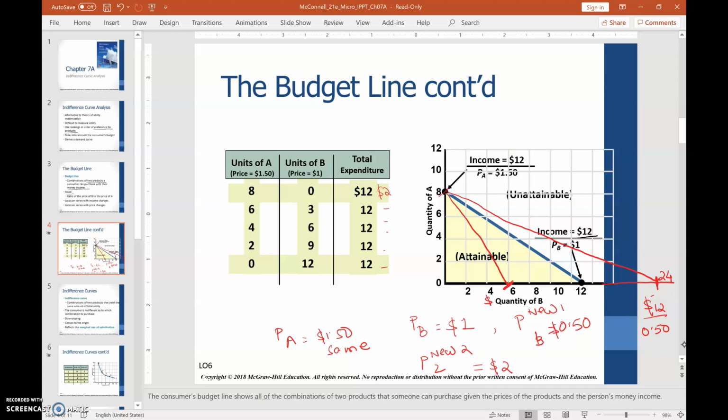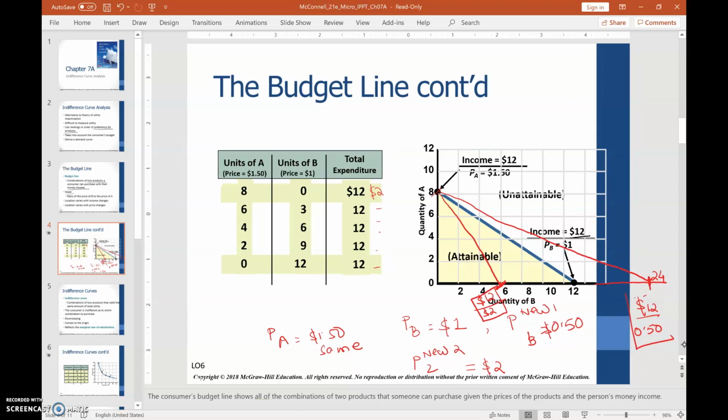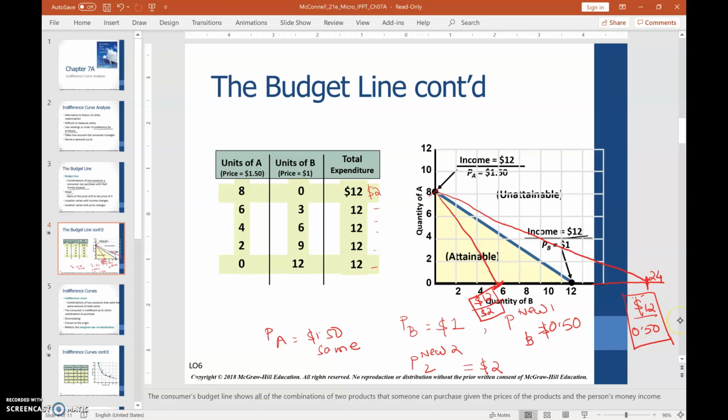The number we got here is by dividing 12 over $2. So basically the budget line is going to rotate outwards or inwards depending on the price of the good.